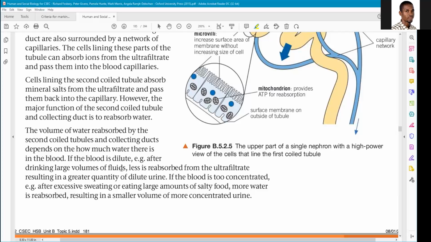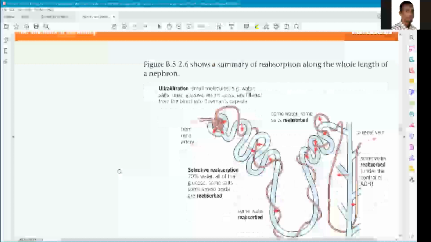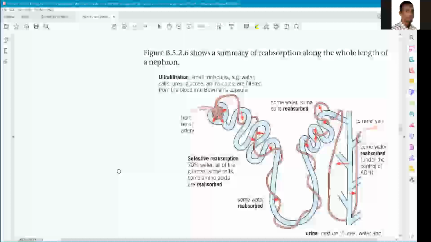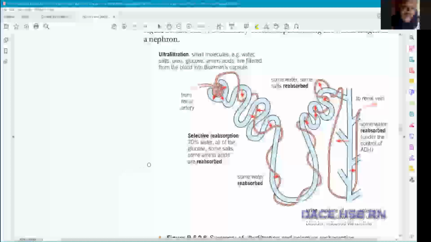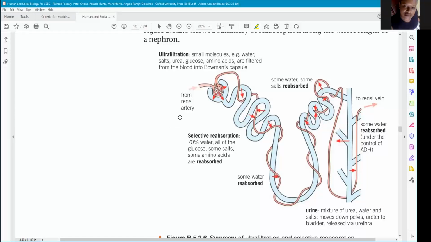Okay, let's see if we can finish up this reabsorption thing because it's almost there. This diagram is going to show the summary of the whole kit and caboodle. If I go bigger, then you would not be able to see.